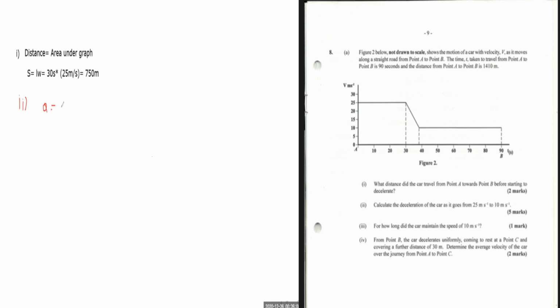Acceleration is equal to V minus U over t. The initial velocity is actually 25, so it's the final velocity, which is 10, minus 25, over the time t, and the time t is 10 seconds.